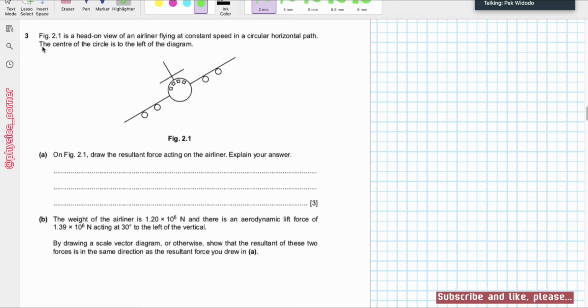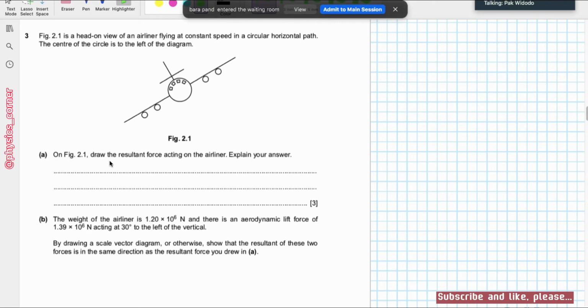Number 3, figure 2.1 is a head-on view of an airliner flying at a constant speed in a horizontal circular path. The center of the circle is to the left of the diagram.